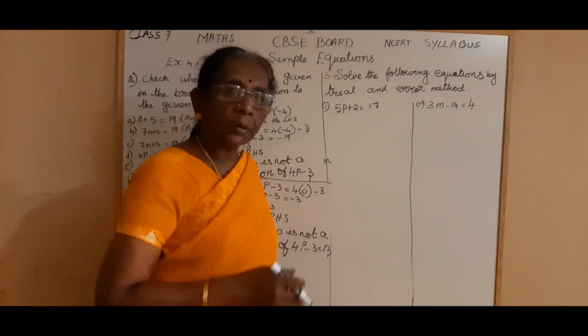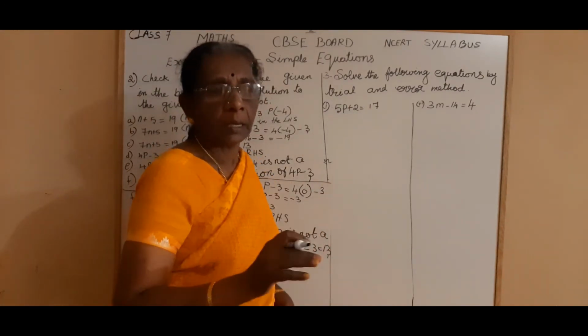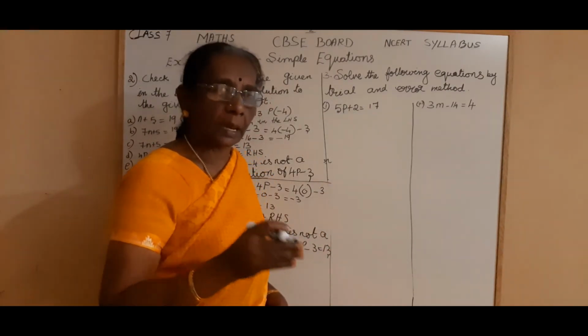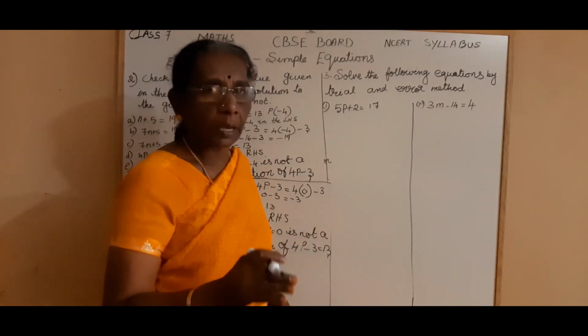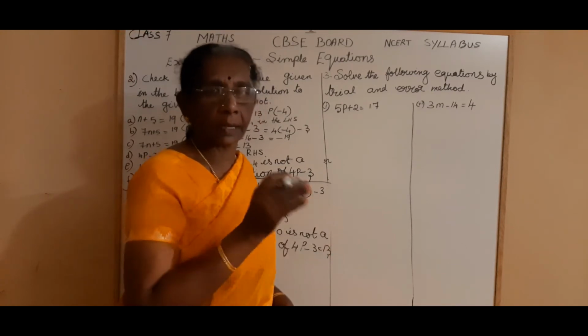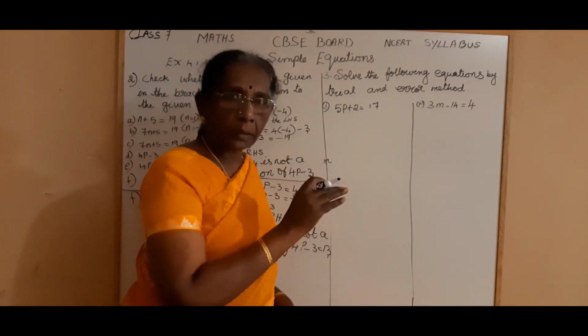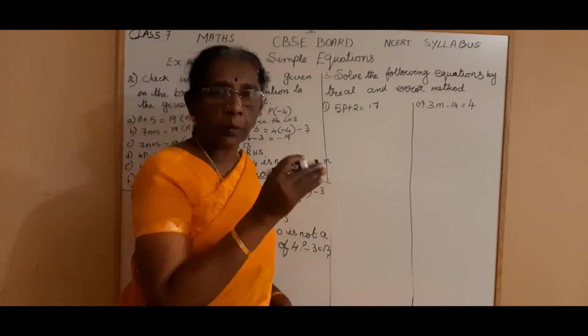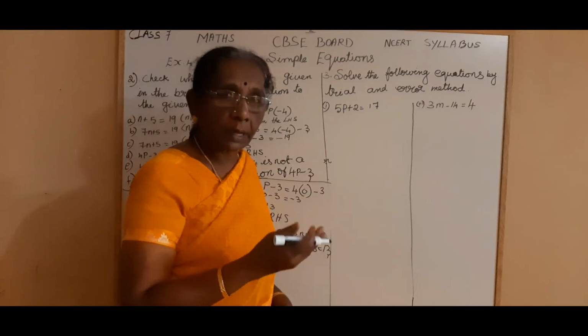So what values will you give? You will give starting from 1. First you give p is equal to 1 and check whether it is satisfying, that is, you are getting the value of LHS and RHS the same. If it is satisfied, then that is the solution. If it is not satisfying, you got an error. So you tried with one and you got an error, so you move to the next number, 2.